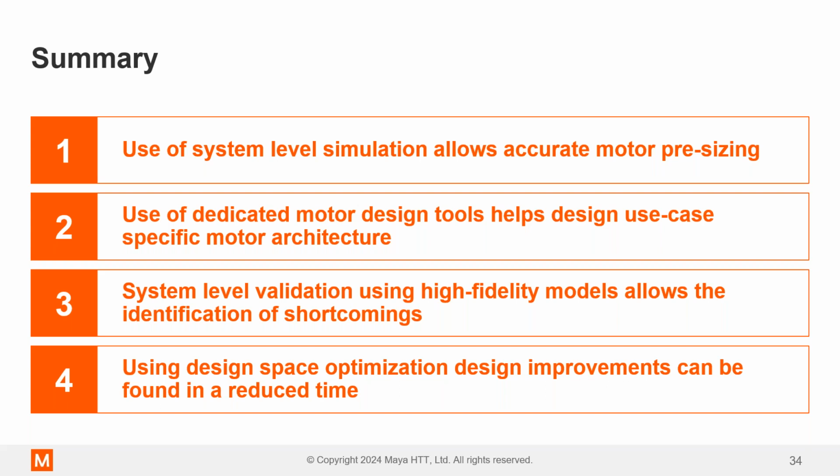And overall, often we find situations where we can find something very close, but we do need to do a bit of design space optimization and exploration to pick out little performance improvements that we can find for better system level performance, for better component level performance. And using design space optimization tools such as HEEDS can really help us do that stage in a much reduced time, particularly reducing the amount of engineer time.